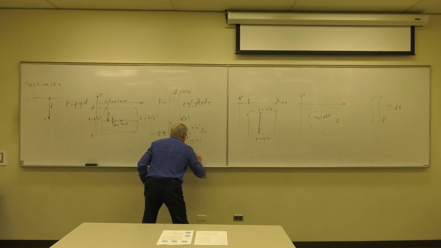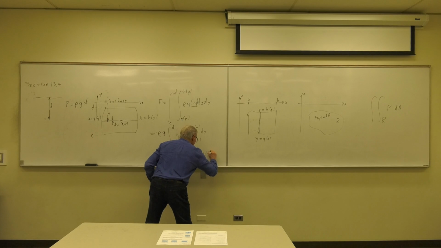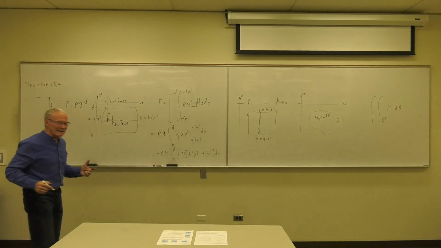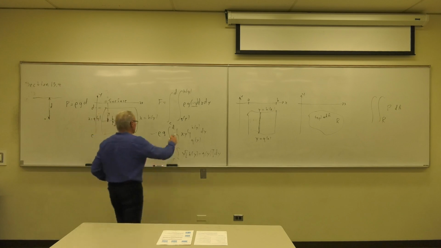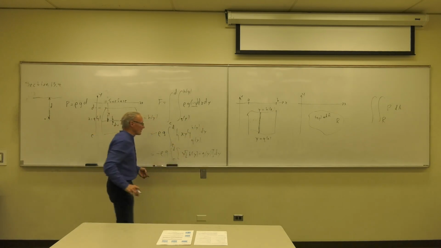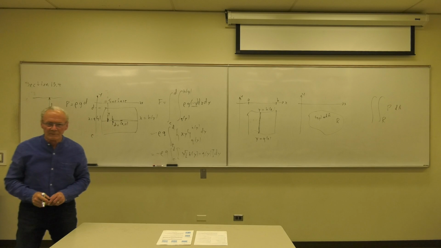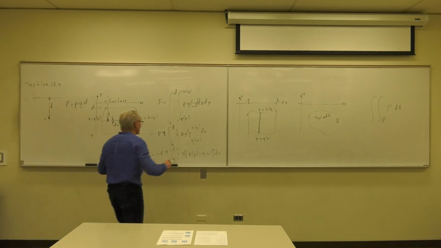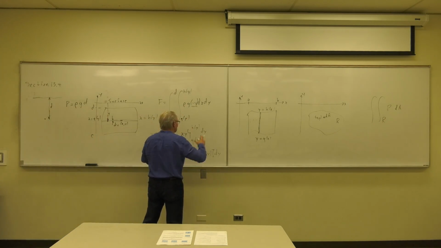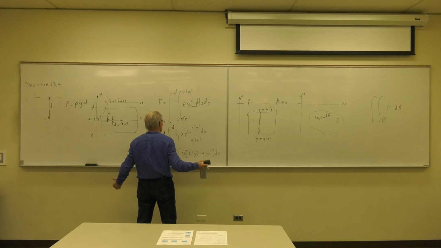I go h of y minus g of y dy. And that's exactly the integral that I had sitting here a minute ago from first year that I erased. So the first integration in my double iterated integral leads me back to first year.